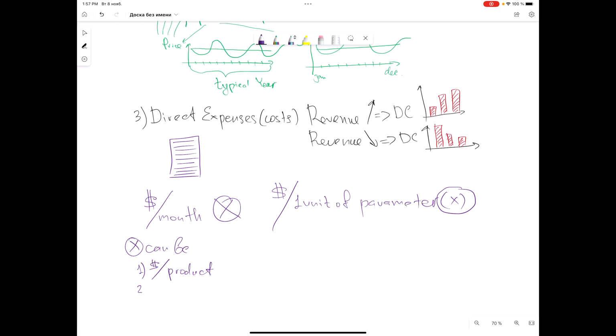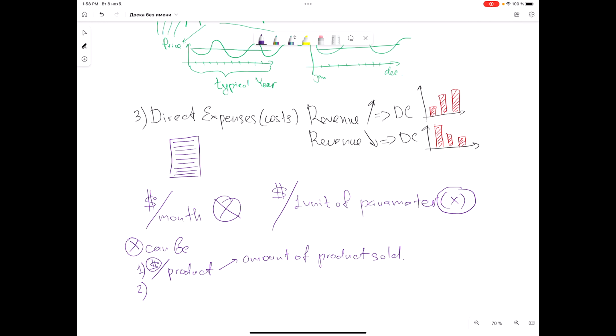If you want to accurately calculate the direct expenses, you first of all need to calculate the amount of product sold, and then this amount you will multiply by the dollar value.